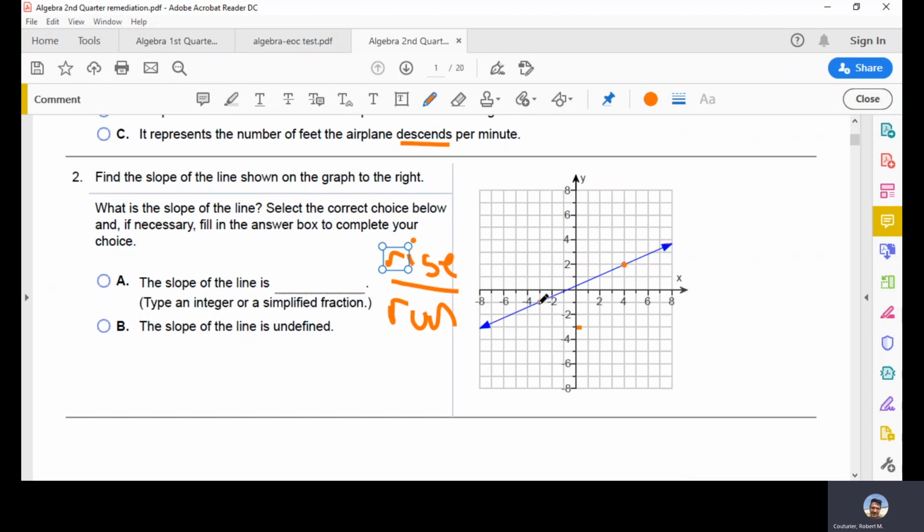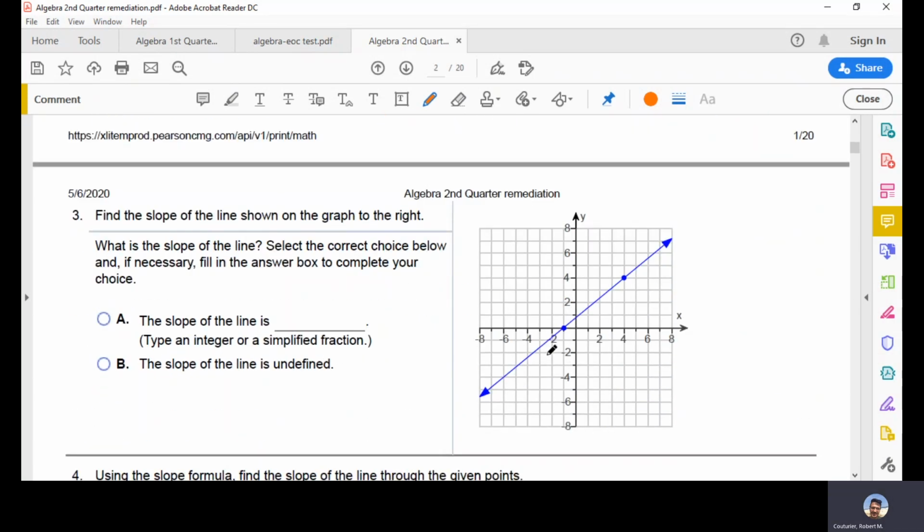If you go down, it's a negative number. We're going up 1, 2, 3. Then we go 1, 2, 3, 4, 5, 6, 7. So the rise was 3 and the run was 7. Does 3 over 7 reduce? No, it can't. 3 and 7 are prime numbers. There is your slope. The slope is 3 over 7.